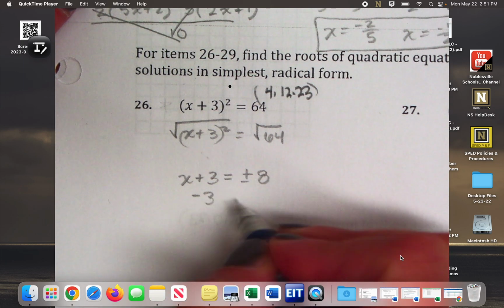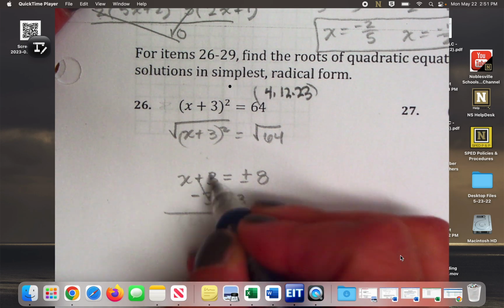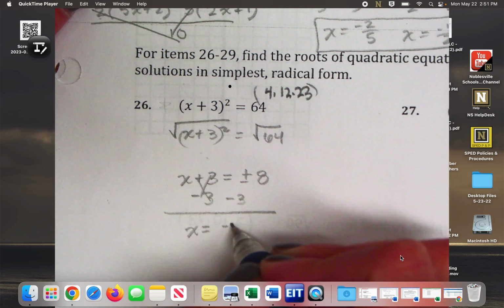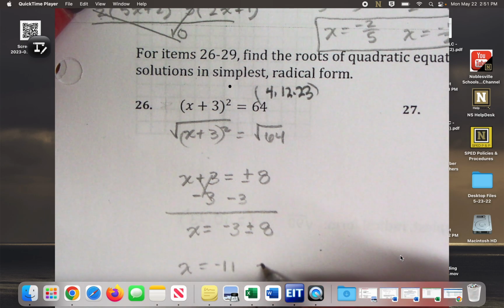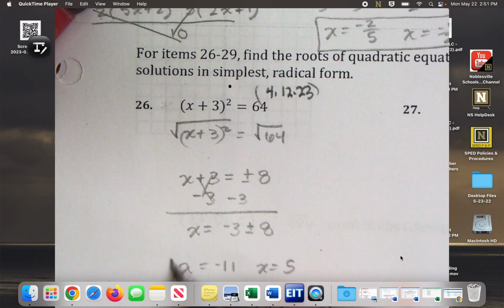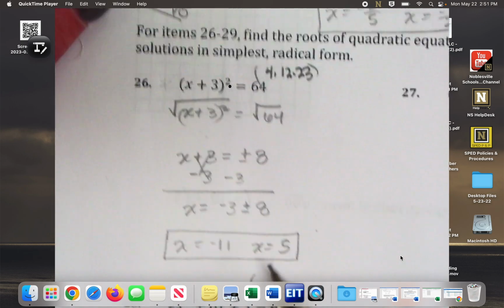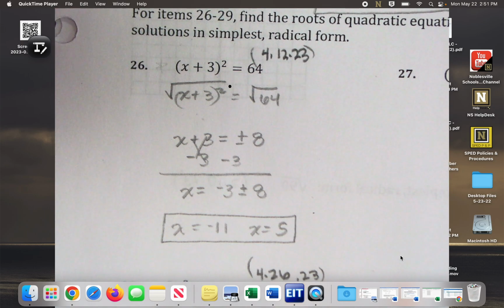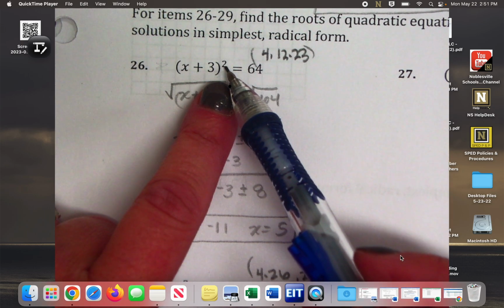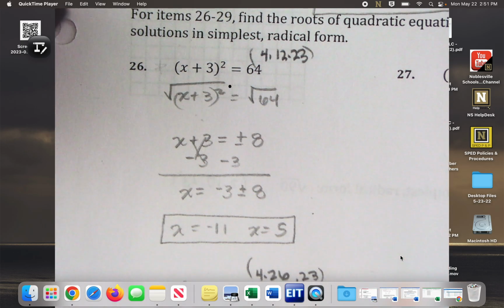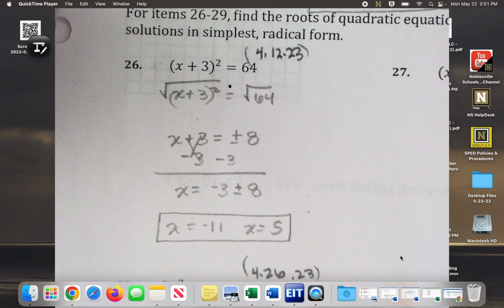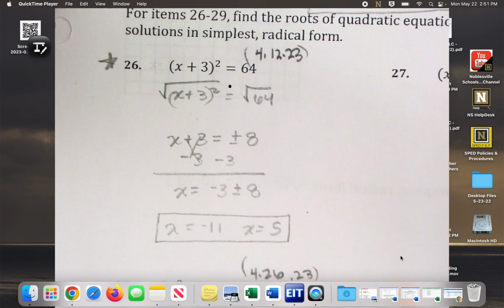Then you subtract the 3 from both sides, and you get x equals negative 3 plus or minus 8. So you get negative 11 and 5. If you see something like this that has an exponent of 2, take the square root of both sides. Put a star next to number 26.